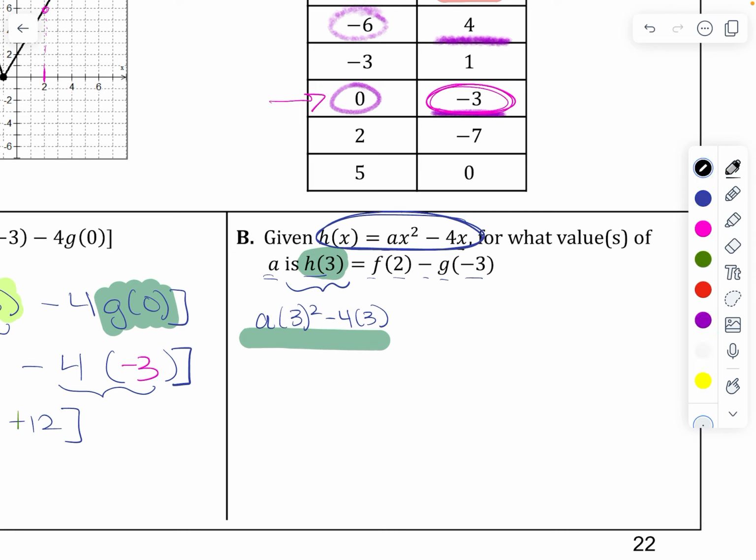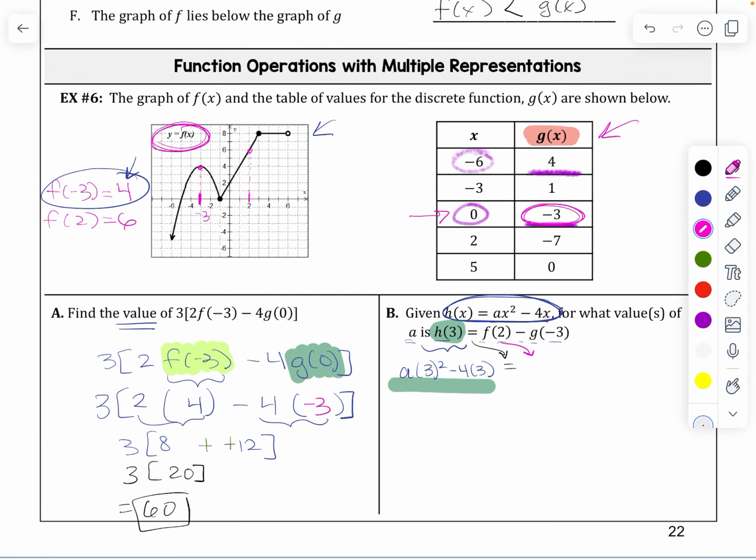And we're going to set it equal to f of 2. So what is f of 2? We're going to go back to the f function at 2 right here. F of 2 is 6 minus, what's g of -3? Here's my g function, here's -3, the output is 1.